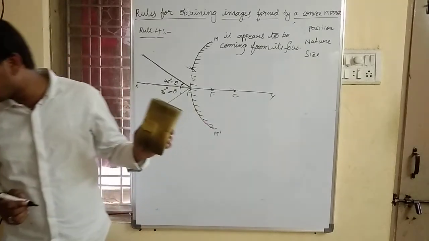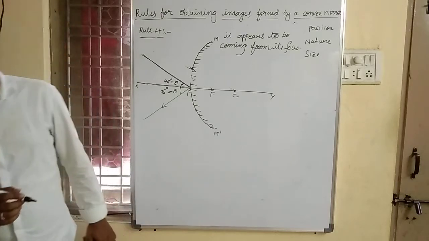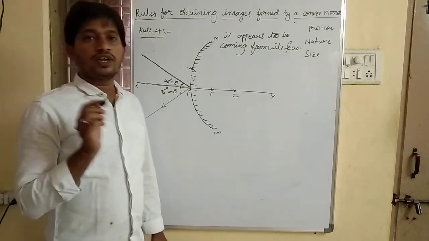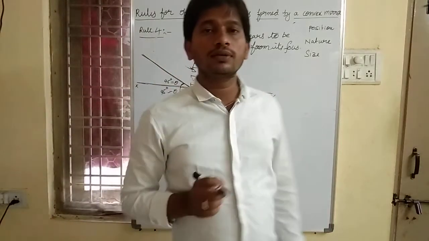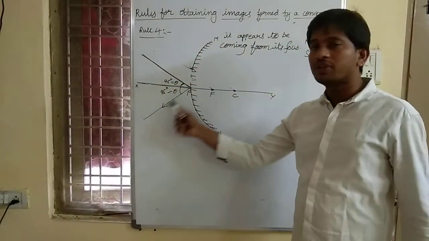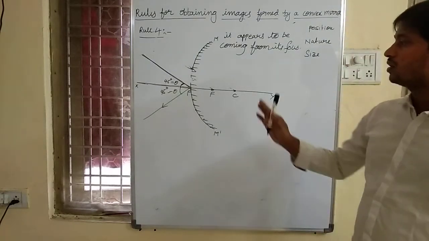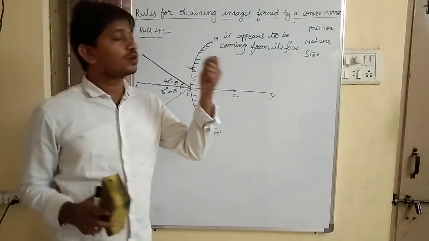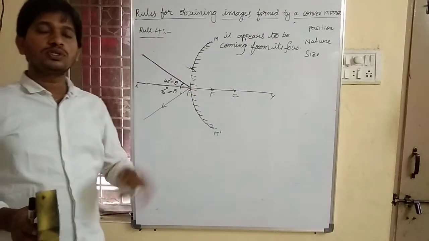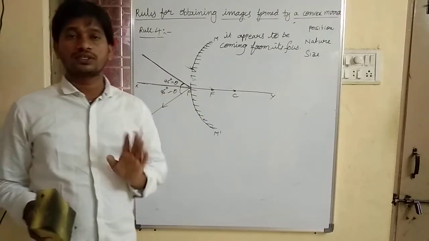So what is our rule number 4? A ray of light which is incident at the pole of a convex mirror is reflected back making the same angle with the principal axis after reflection. So this is our rule number 4. Like the concave mirror, the same rules, with a slight little bit of difference, that's all.